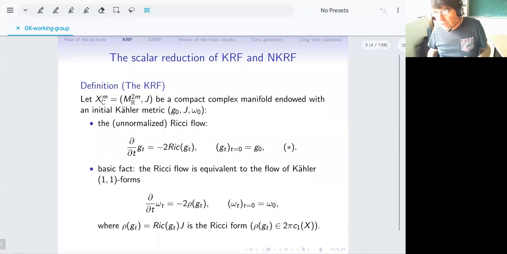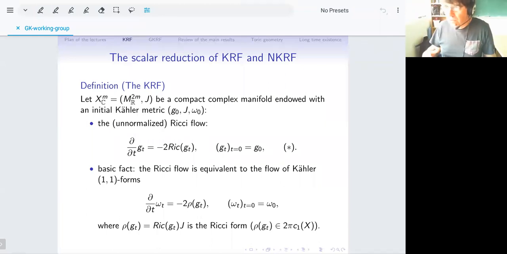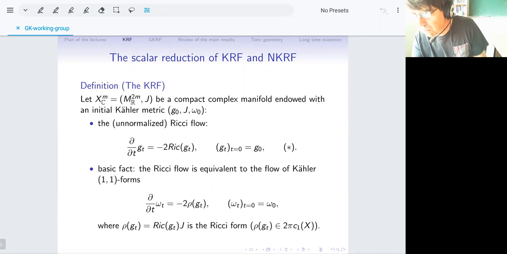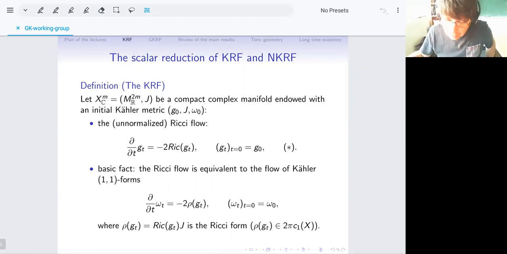In this setting, the first observation is that it's well known and well established that if we start from a Kähler metric, this flow will remain Kähler. So all along where the solution of this star exists, the resulting metrics will be Hermitian and Kähler as well. This is not a rigorous proof, but actually we'll see in a moment more rigorous proofs of this. But at least on a heuristic level, what you can see is that if you gauge with the complex structure, the first equation star, J is fixed.